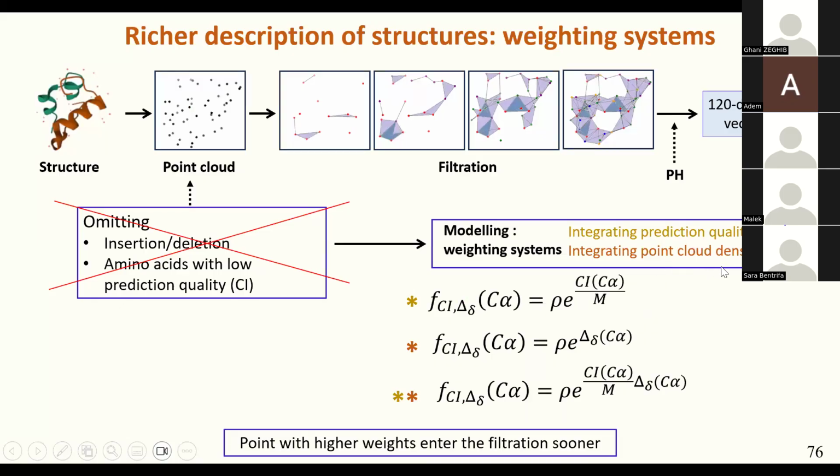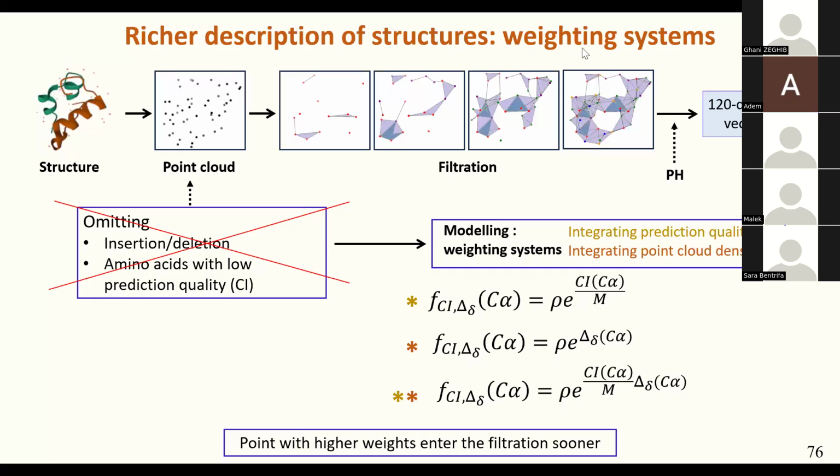And the idea is that the higher the weight that I put on a point, the sooner it enters the filtration process. So here, for example, the points in red have the largest weight, so they enter sooner in the filtration, and then later on, other points begin to enter as the filtration goes, and those points have less weight.